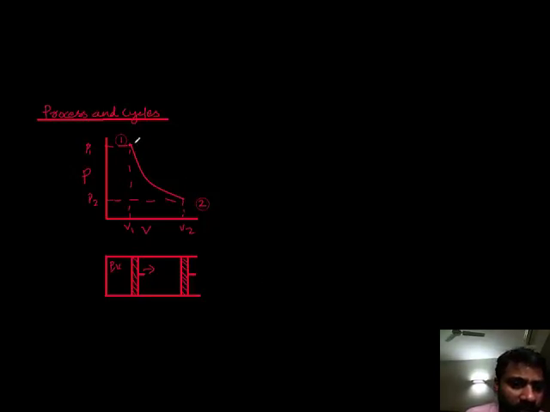Now this is state 1 and suppose this is another state here, that has a specific property P and a specific property V. And this is another state, and suppose this is another state. These are all the states in between 1 and 2. So it goes like that.